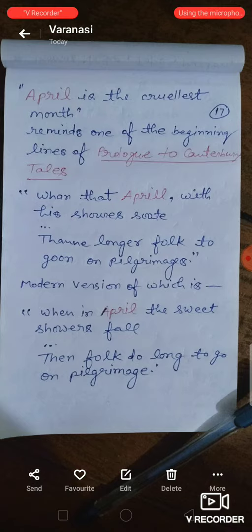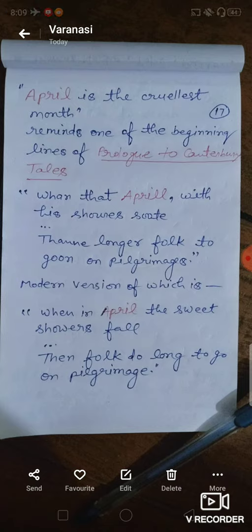So when we talk of Prologue to the Canterbury Tales, it begins with, "When that April with his showers soote...then longen folk to go on pilgrimages." This is in medieval English, Middle English. When we talk of its modern translation, we can understand it in a better manner, which I have written here.